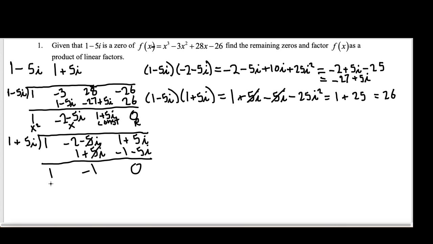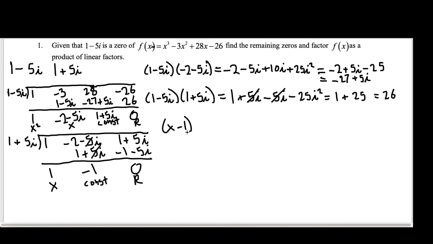And this is the coefficient of an x term. That's the constant. That's the remainder. Okay. So now, after dividing twice, what's left is the quotient x minus 1, which is linear, right?